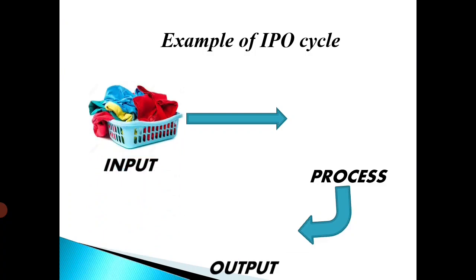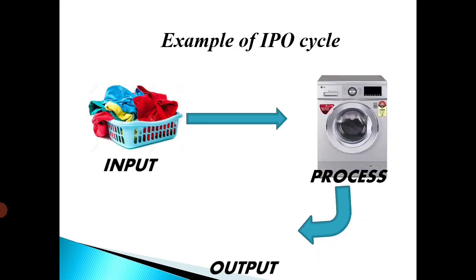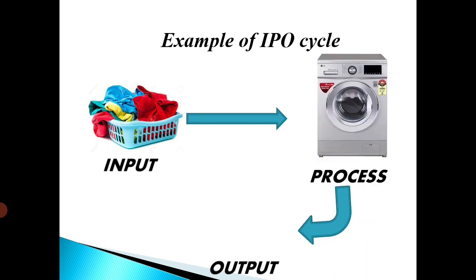A basket. In this basket, dirty clothes are there. I have to wash them in the washing machine. So I put the dirty clothes into the washing machine, then the process will be done, and I will get neat clothes. Yes, dirty clothes washed.